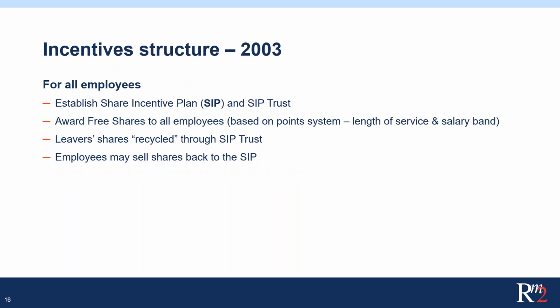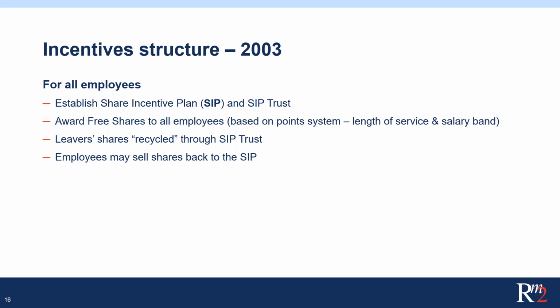So we set up a share incentive plan and a SIP trust for him, for all employees. We awarded shares to those employees. We used a length of service and salary band and worked out a point system to apportion the correct number of shares on a mixture of both loyalty and seniority.